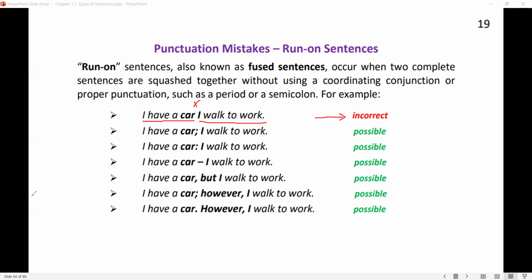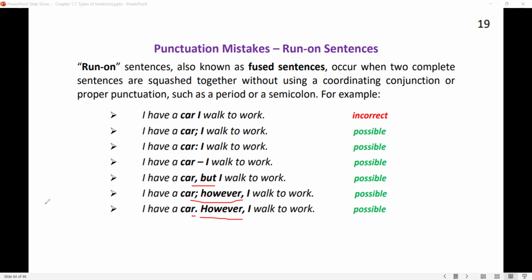We need something to make a compound complex sentence or just compound sentence. I have a car, then here, look, this is possible. You can just use a semicolon, I walk to work, or a colon, I walk to work, or dash, I walk to work, or comma, but I walk to work, or however, or here you can use a dot and then start a new sentence.